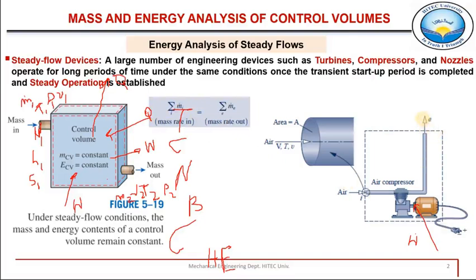So there is no mass accumulation within the system, which is another one of the characteristics of steady flow systems. There could be more than one inlet, so the summation of all the mass flow rates which are entering into a control volume is equal to the sum of all the masses which are leaving the system.